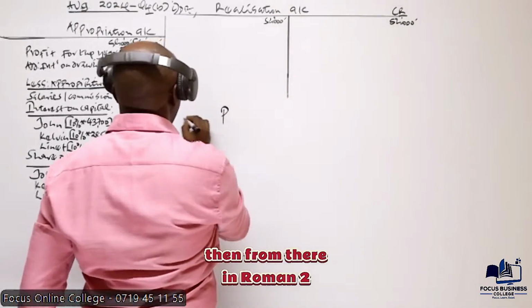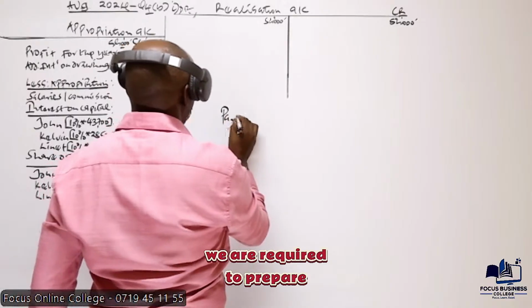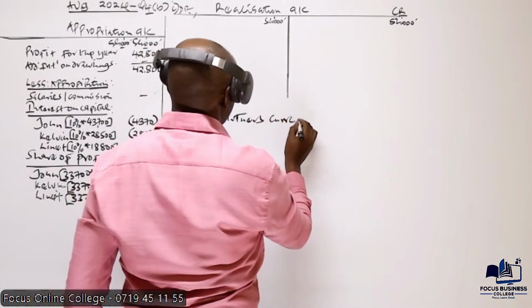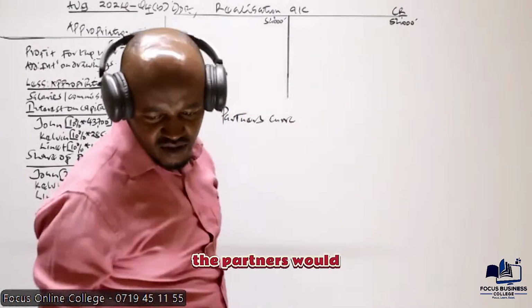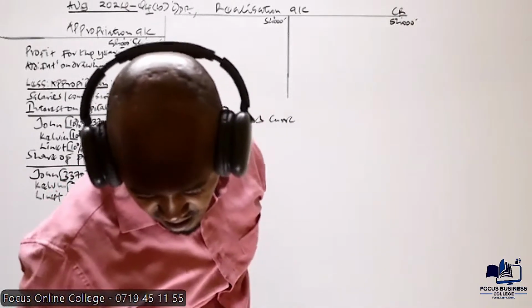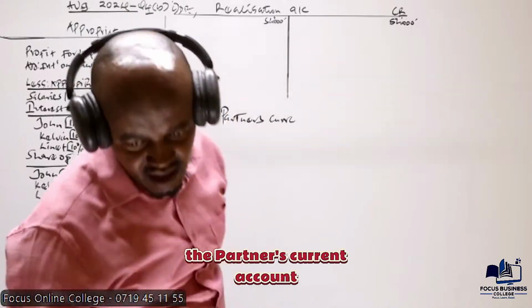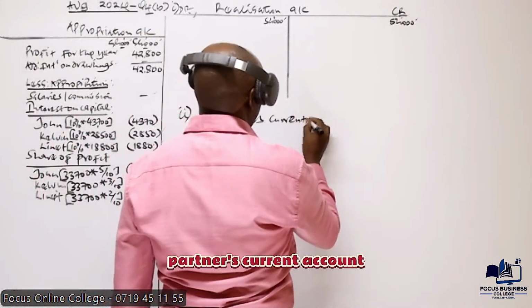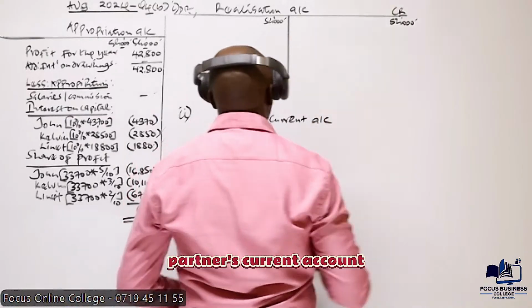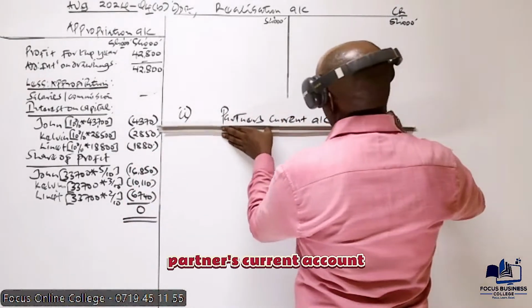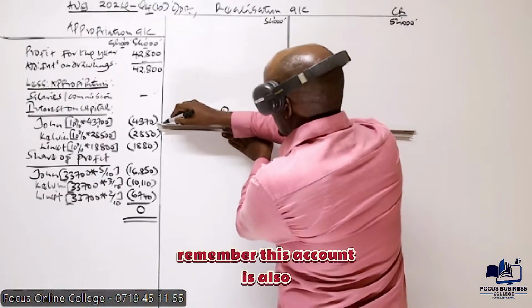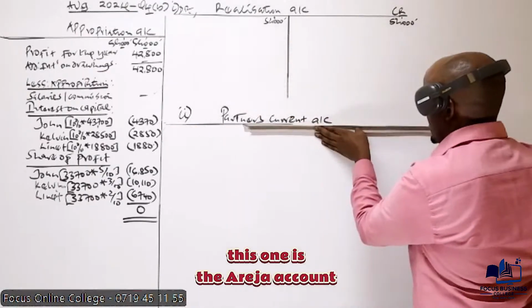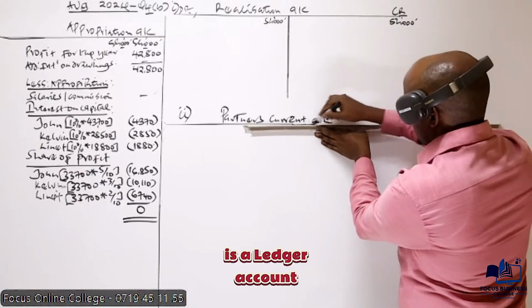Then from there, in Roman 2, we are required to prepare the partners current account and the partners capital account.